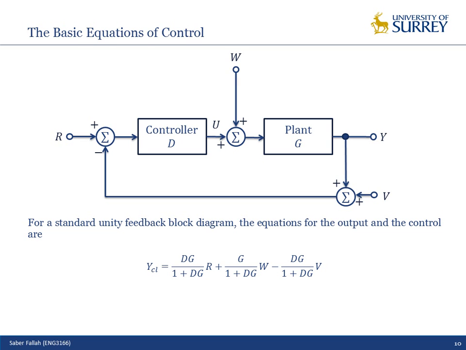And what do you have in negative feedback? Look from Y to this summing point. You have controller D. You have a minus here as well. So in fact, you have minus D. This minus will be multiplied to this D. You will have G in the feed-forward path, 1 plus DG.